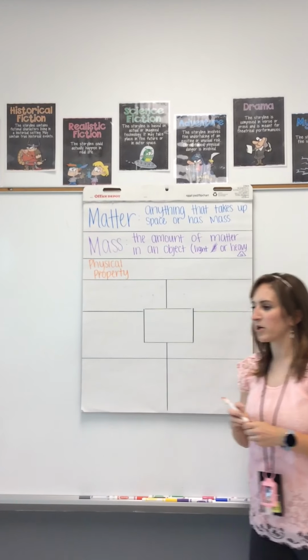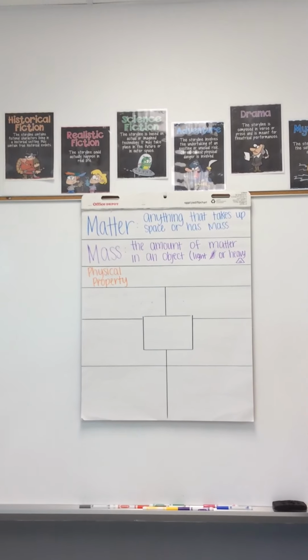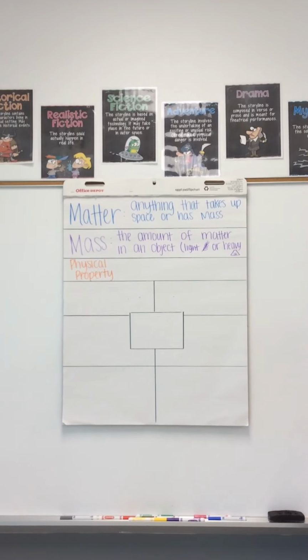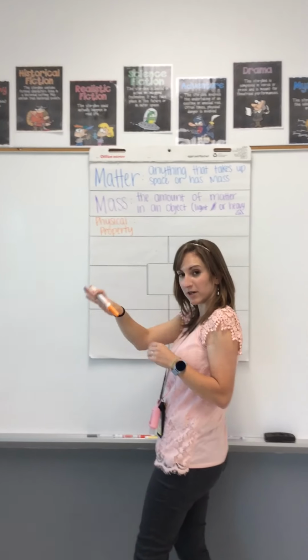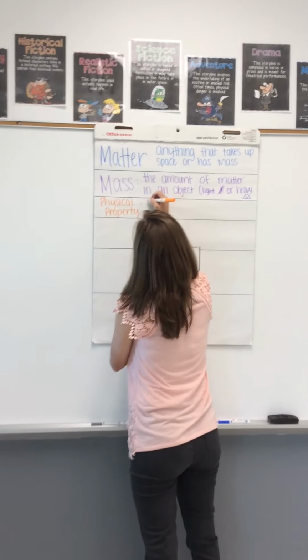So a physical property is the characteristics of matter that you can observe or measure directly. If I keep looking over here, it's because my cheat sheet's over here, guys.